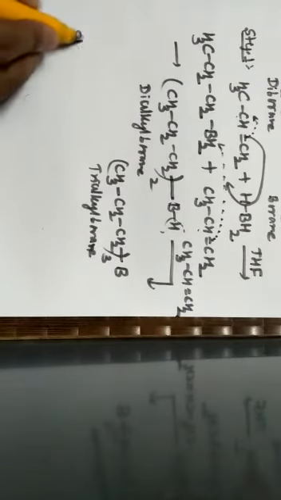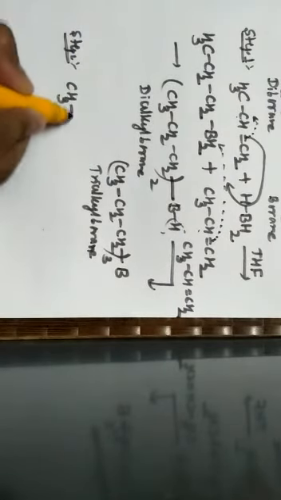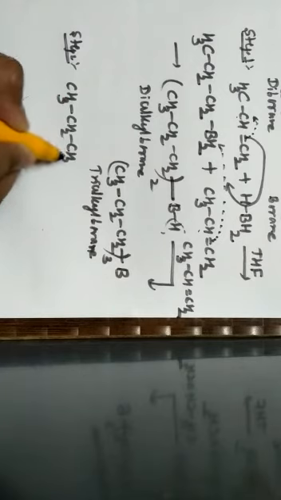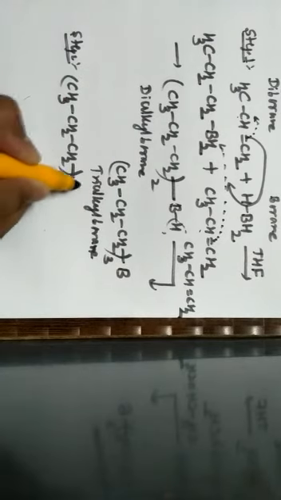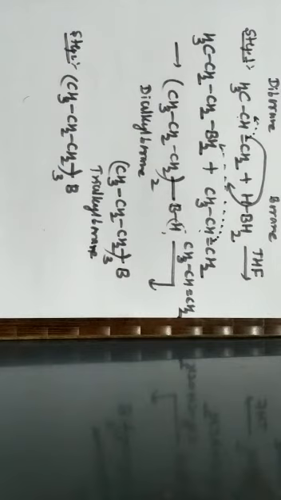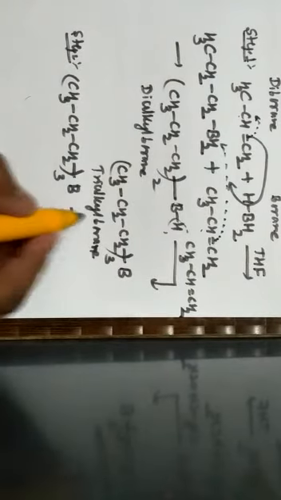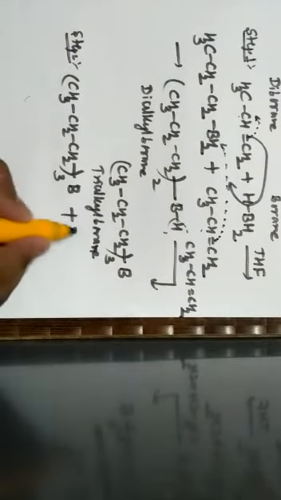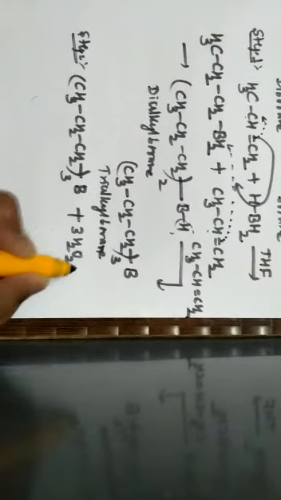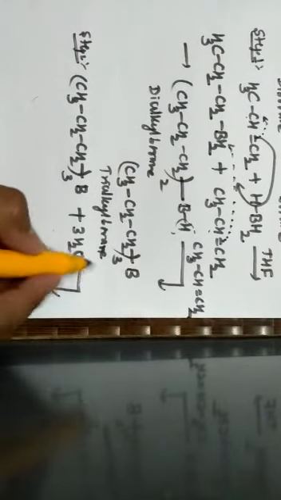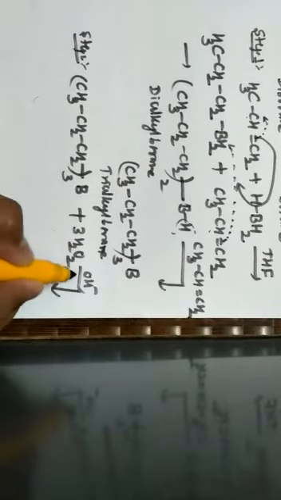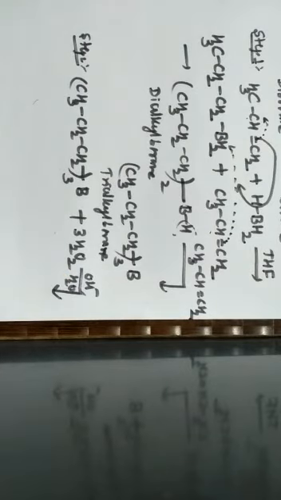In the second step, the trialkyl borane obtained, that is CH3CH2CH2 thrice with B, is subjected to oxidation using hydrogen peroxide in the presence of a strong base as well as water.